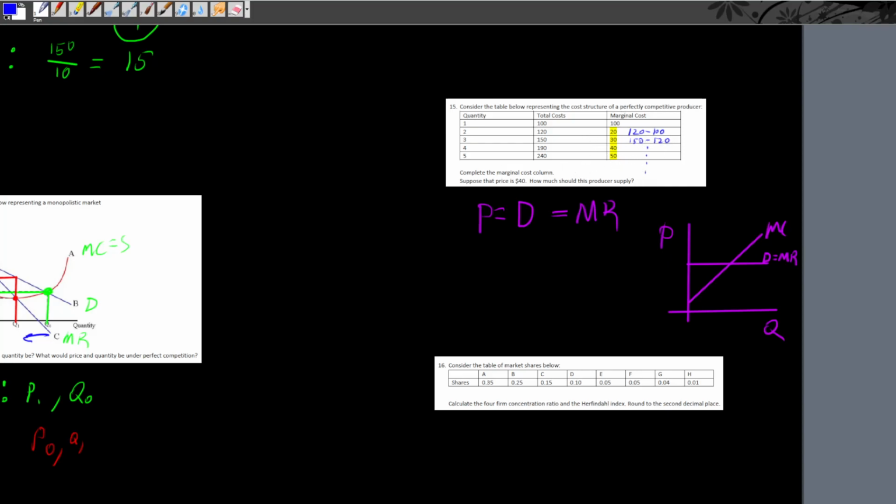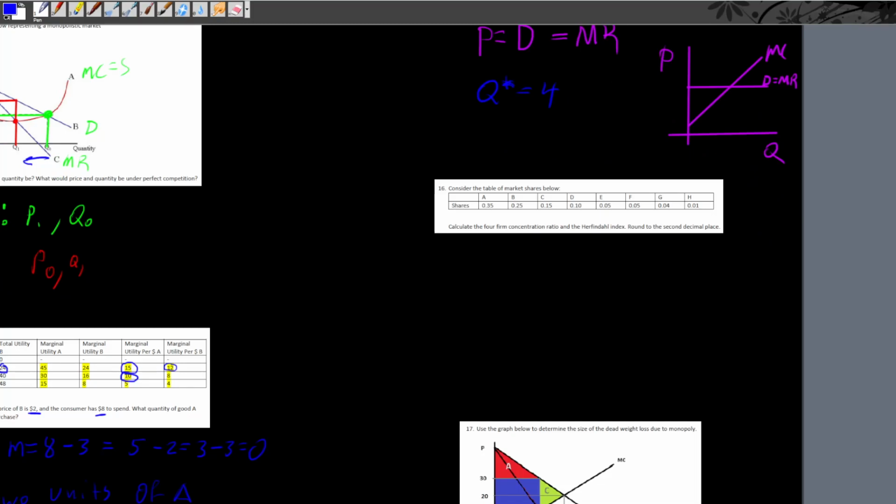I've got those filled in here, so we can just do this directly. Suppose that price is 40, how much should the producer supply? If price is 40, then marginal revenue is going to be equal to marginal cost at 40. Total cost will be 190, and our output, our Q star, is going to be equal to 4, because that's the quantity that corresponds to those cells.